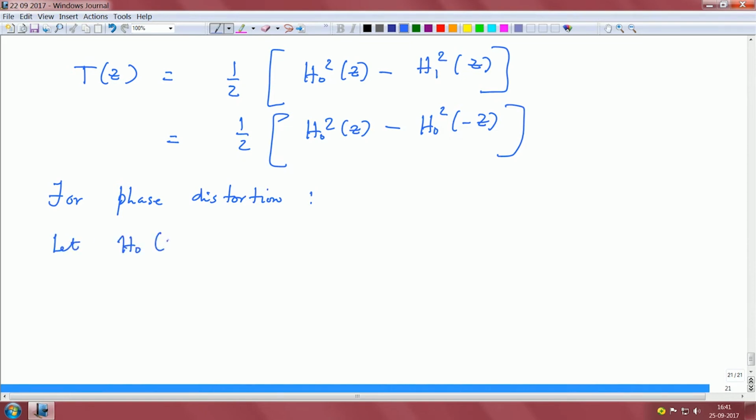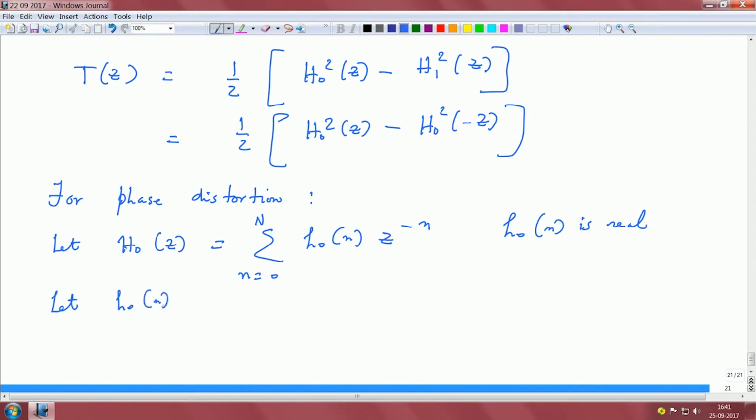the filter H naught of Z to be of this general form: the sum of H naught of n Z power minus n, n equals 0 to N. Let us assume that H naught of n is real. We also let H naught of n equal plus or minus H naught of N minus n.